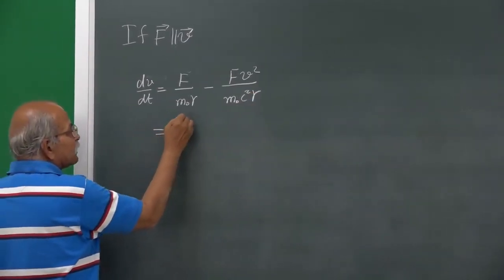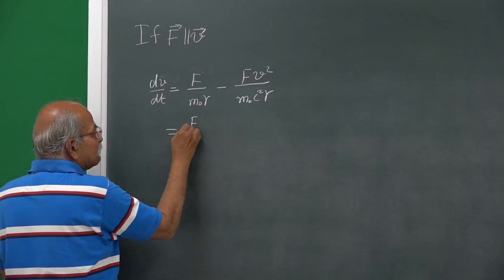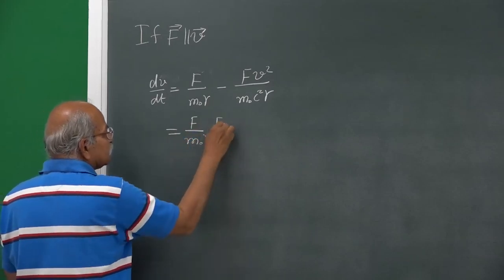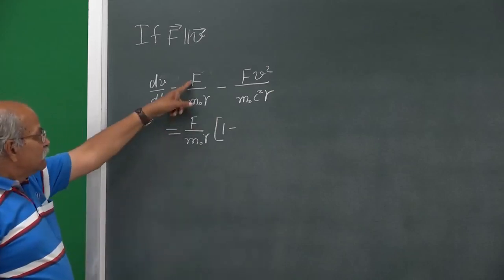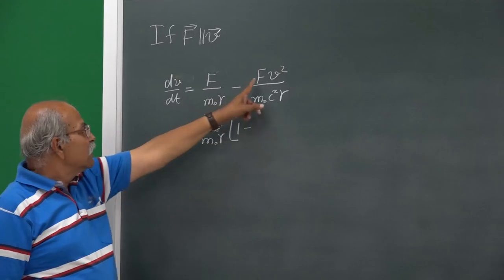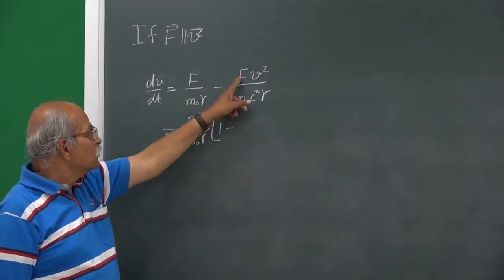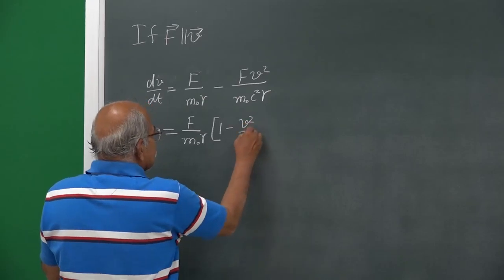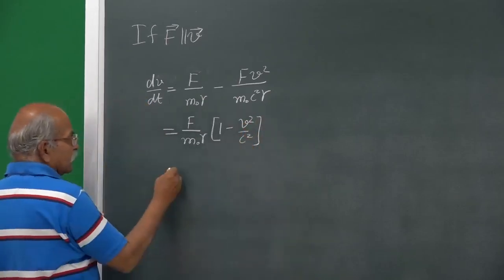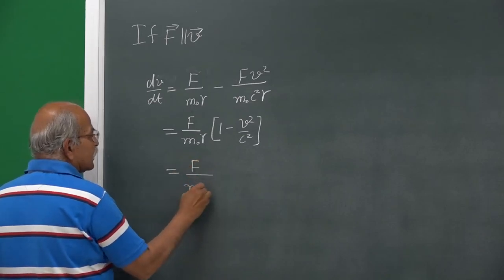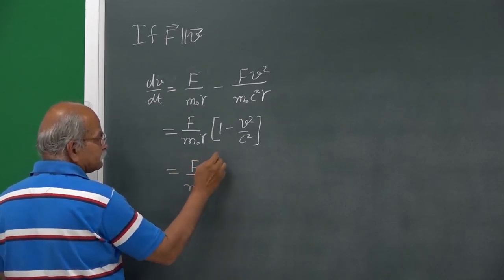So, if you take f divided by m naught gamma common, then this is 1 here, and it is minus v square by c square. So, it is this, and you can write this as f divided by m naught gamma cube.